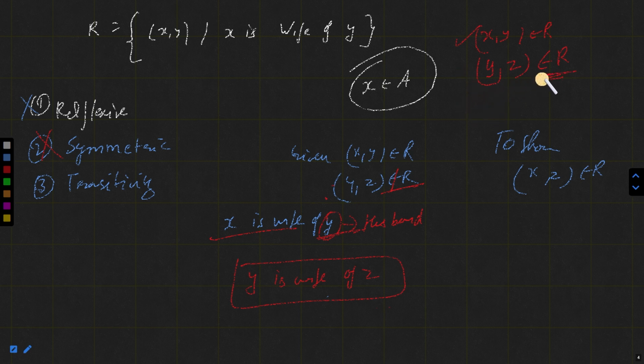For transitivity we know if (x, y) belongs to R and (y, z) belongs to R, then (x, z) belongs to R. But here we know (x, y) belongs to R, but there is no information about (y, z); it is not in the set. Whenever this happens, it is not contradicting our definition. So by definition it is transitive.